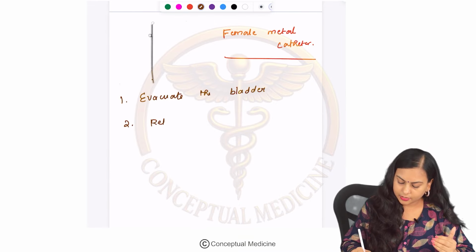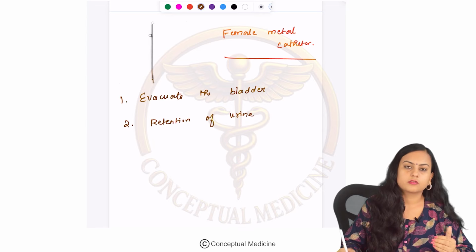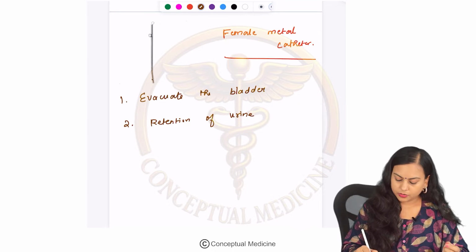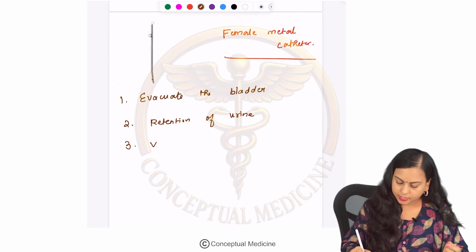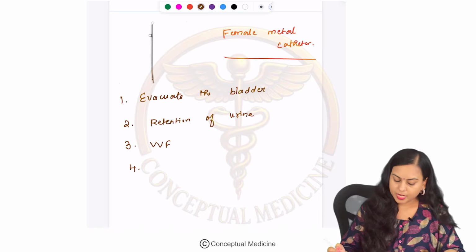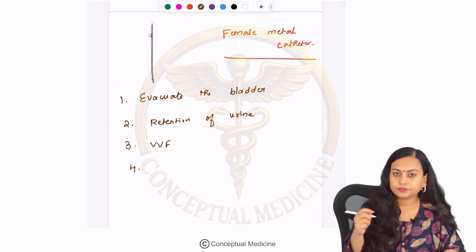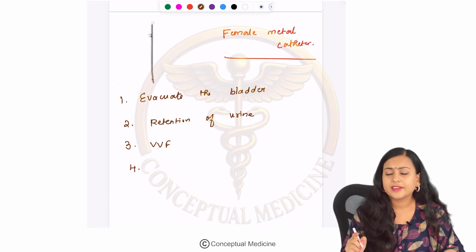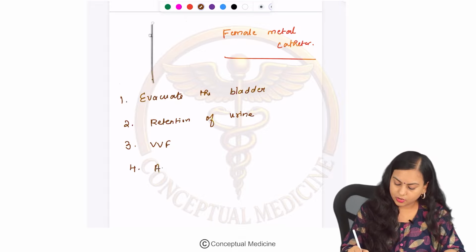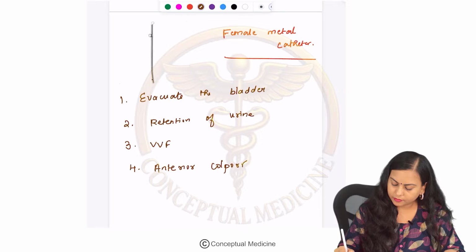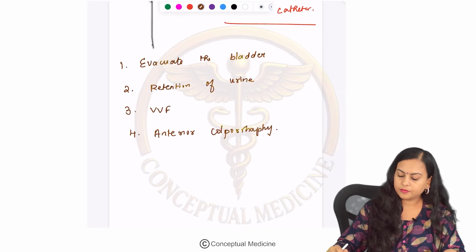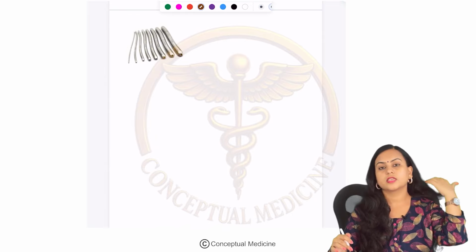If there is any retention of urine due to any cause, then you can use it to evacuate the urine, and it is also used in diagnosis of vesicovaginal fistula, as well as to find the limit of the bladder during anterior colporrhaphy operation. Clear? Right.